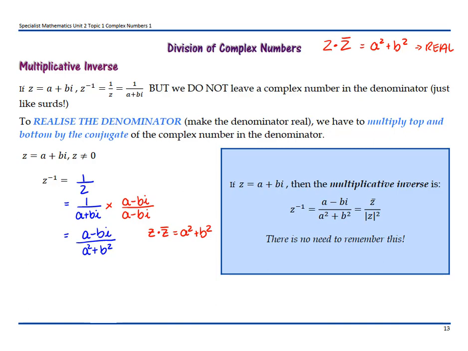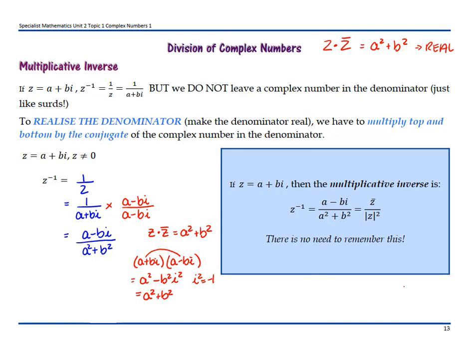You have a plus bi times a minus bi. Our signs are the opposite, so we can just go a times a is a squared. Bi times negative bi is minus b squared i squared. You know i squared is negative 1, so that becomes a squared plus b squared.